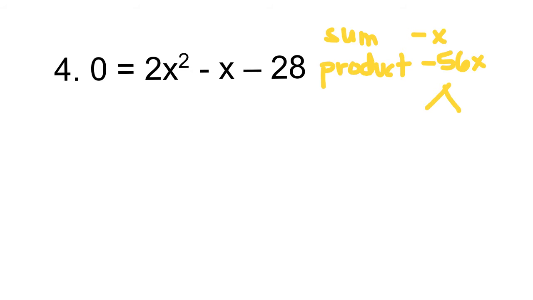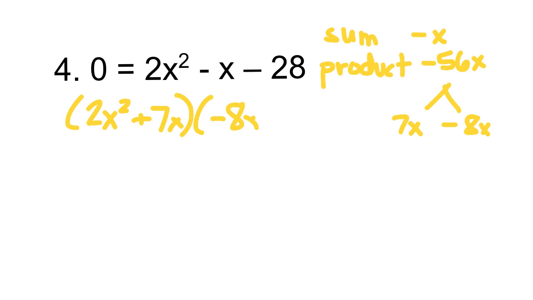That would lead us to 7x and negative 8x. So once we factor that, we have 2x squared plus 7x and negative 8x minus 28.